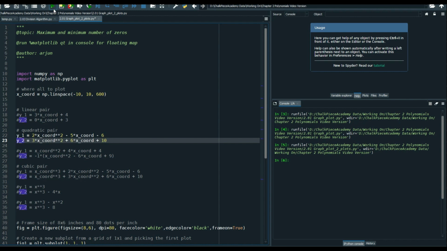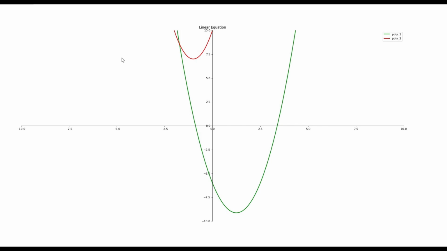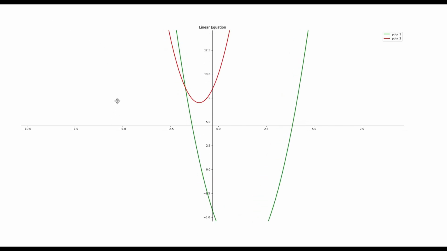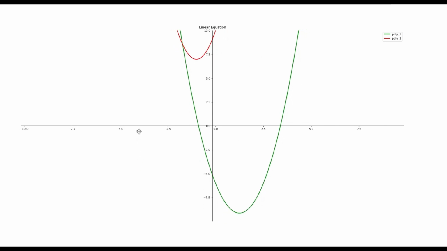Let me execute that, and we have the graph. We have two graphs, and this is your x-axis. You can clearly see this graph.